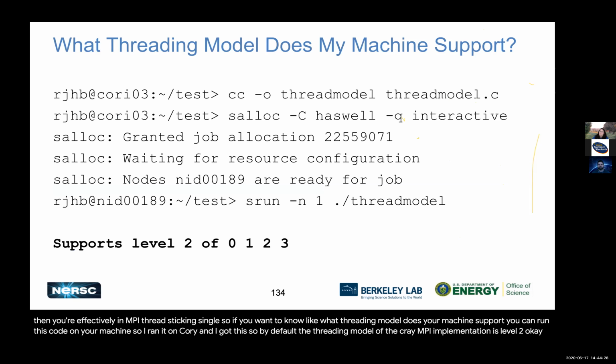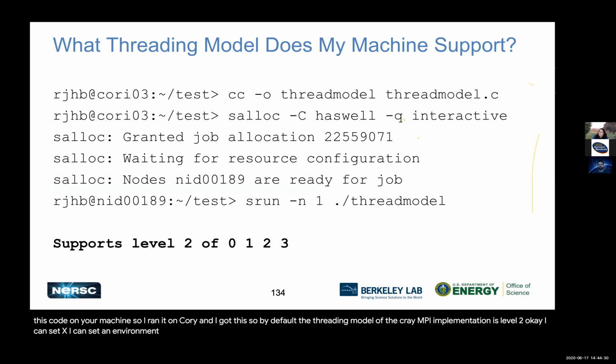I can set an environment variable to make it level 3, but they say you probably don't want to do that. It's risky, and it also is not very performant.